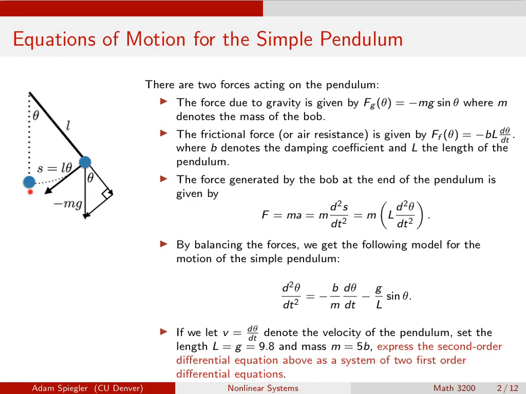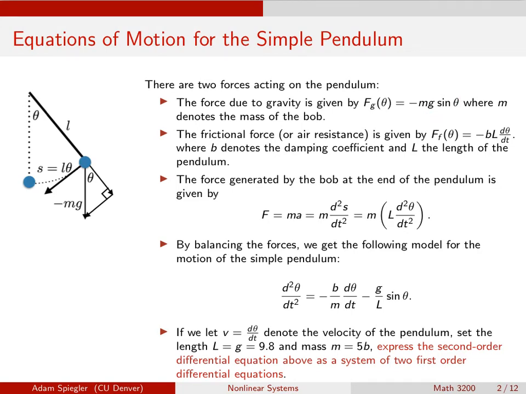And again, using some of the geometry over here, we could show that this is equal to m times the length of the pendulum times the second derivative of the angle with respect to time. And so if we balance all of these forces out, which needs to happen, then the force generated by the pendulum is going to equal the sum of the forces. Here are two of them acting on the pendulum, so here and here. So basically, I would set this equal to the sum of this and this.